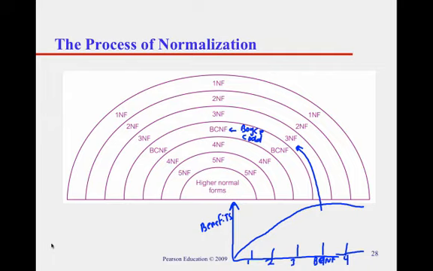And not only do they level off, but higher forms like Boyce-Codd normal form, in my opinion, are much less intuitive and harder to understand. Plus, as you move up into those higher normal forms, you're actually sometimes reintroducing data redundancy. Each normal form is supposed to eliminate some kind of data redundancy.